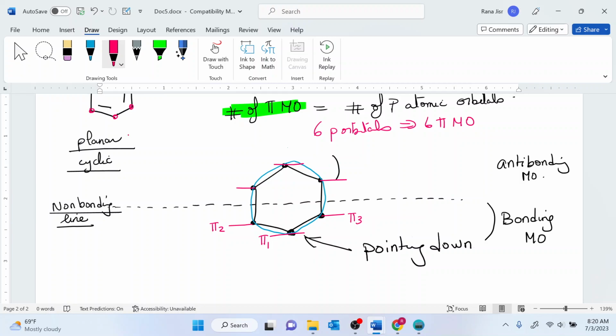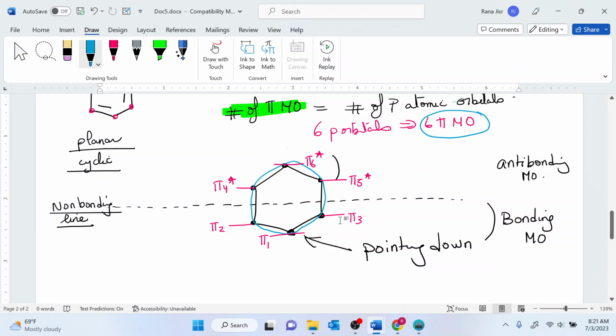So for pi 1, you have pi 6 star as an anti-bonding. For pi 2, you have pi 4 star. And for pi 3, you have pi 5 star. So these are now your 6 pi molecular orbitals.